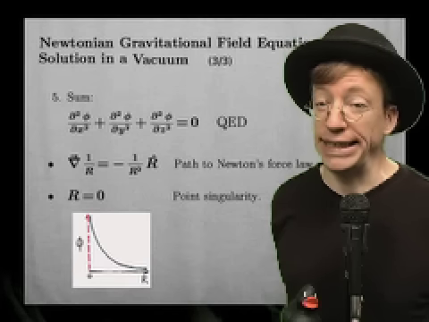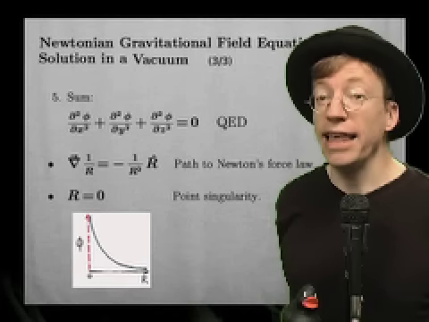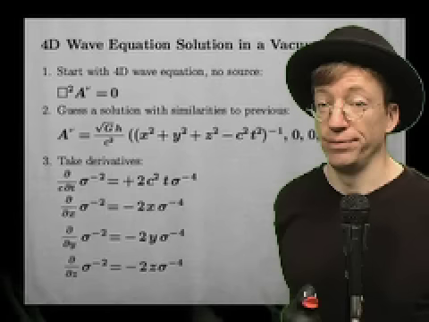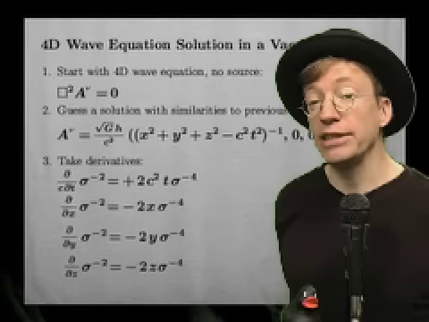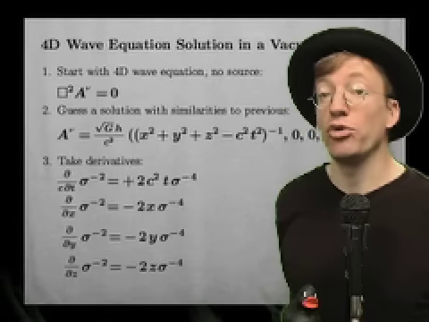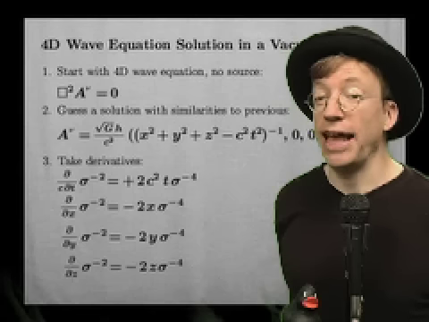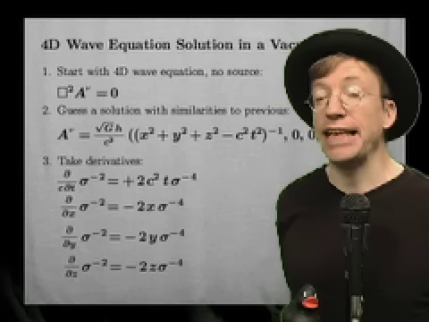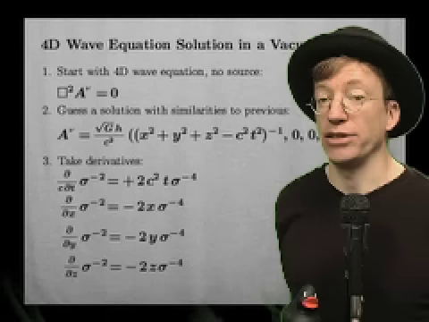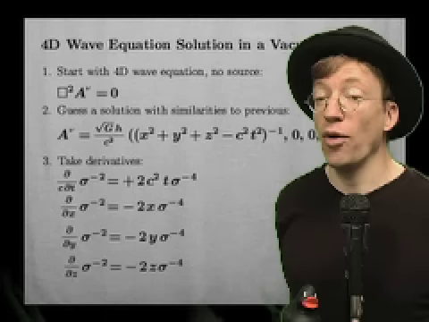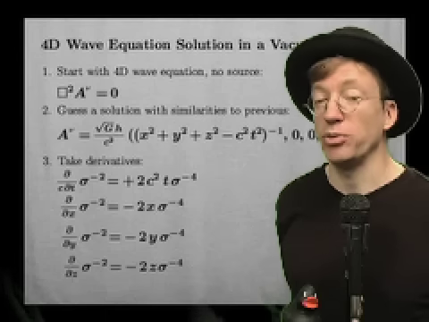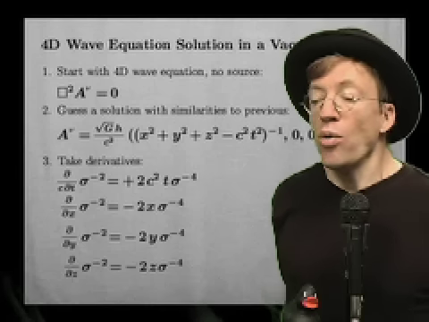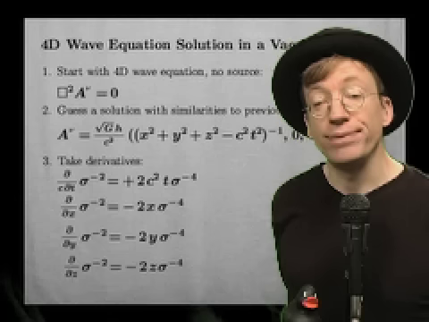Let's look at solutions to the 4D wave equation. The 4D wave equation now goes from a triangle to a box squared because it has 4 sorts of derivatives inside of it, and instead of a scalar potential, it actually has a 4-vector potential, which has 4 parts inside it. We again need to guess a solution.